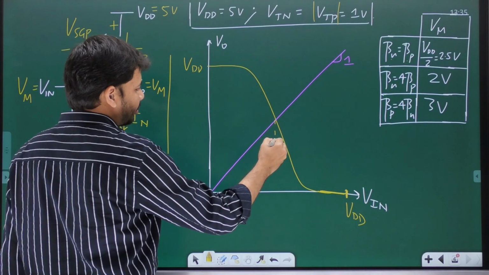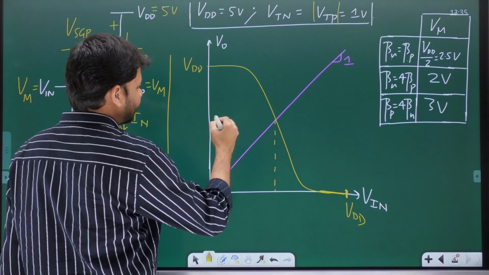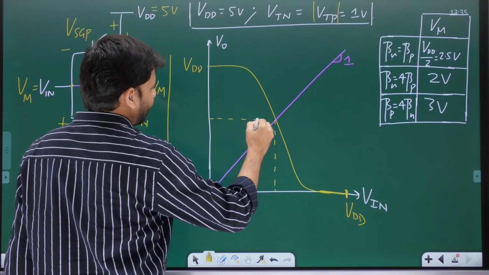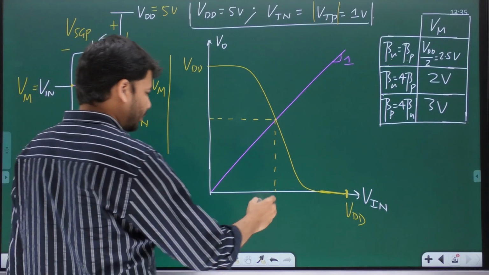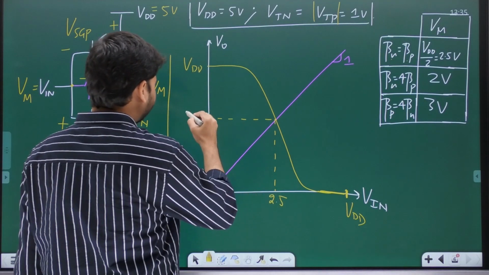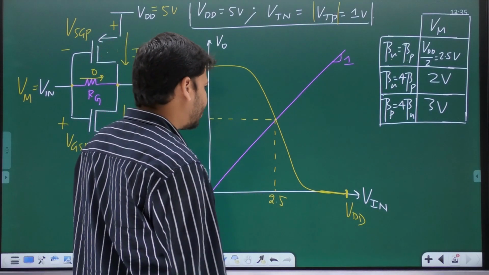And what is this point of intersection? Is it not Vm, the switching threshold, which is equal to 2.5 volts? It is 2.5 comma 2.5.